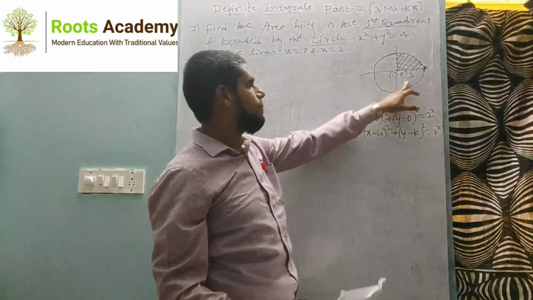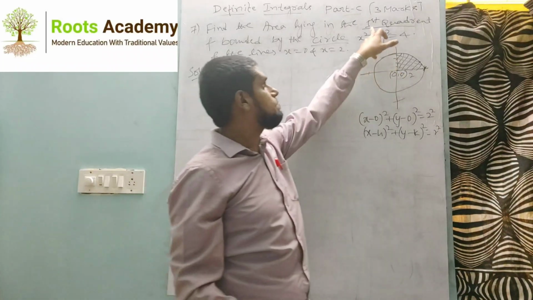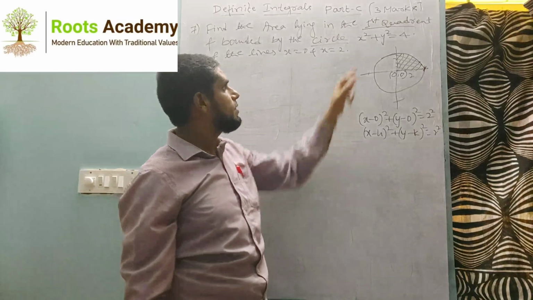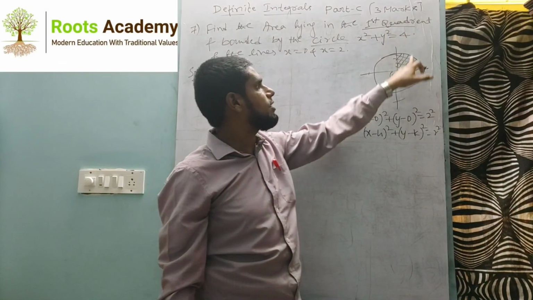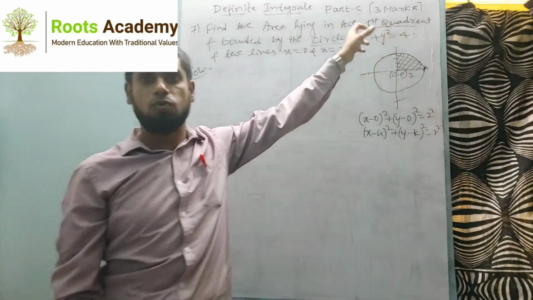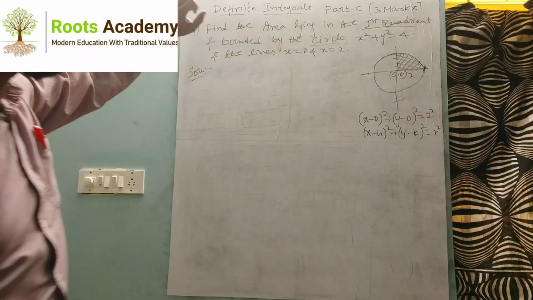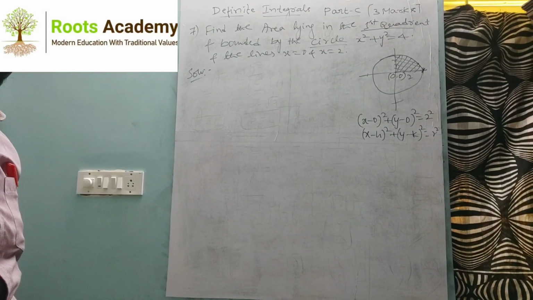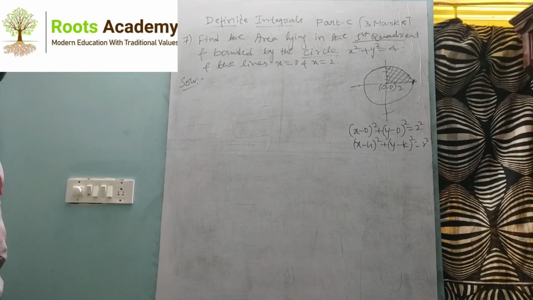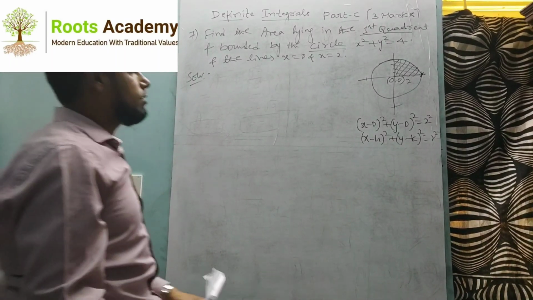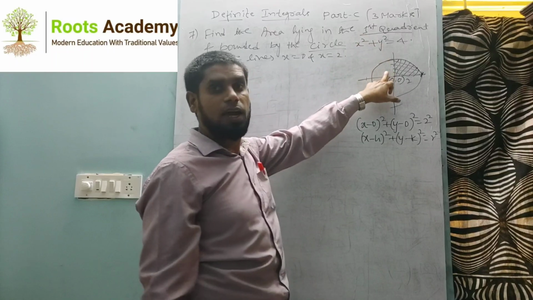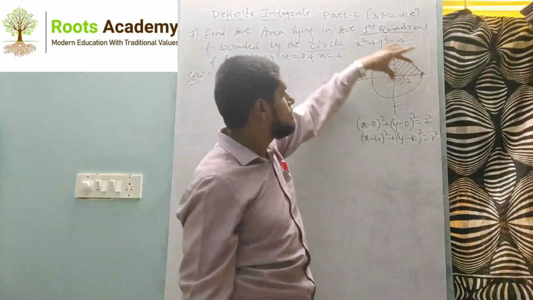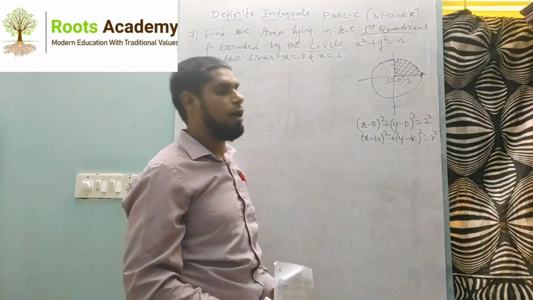I know there are 4 equal parts, but here they specified which particular region I want: only the region which is present in the first quadrant. This much is the area.